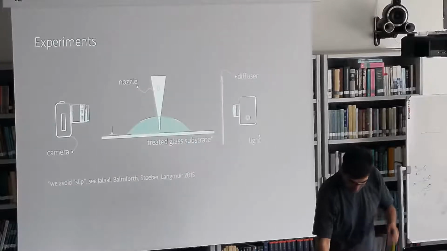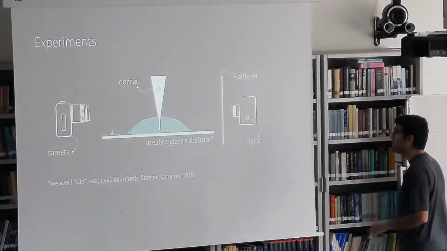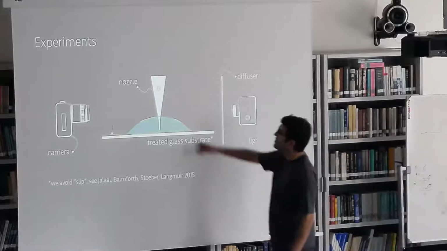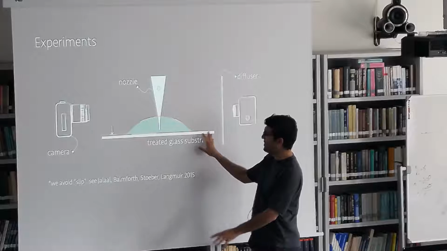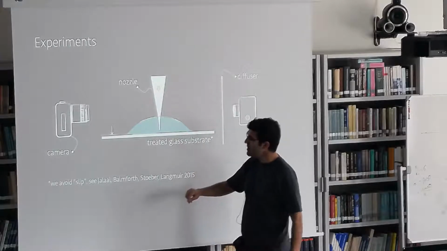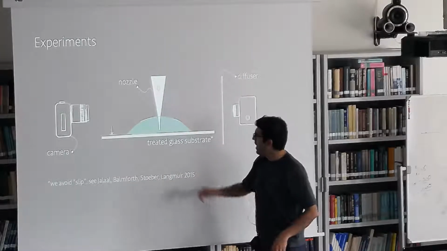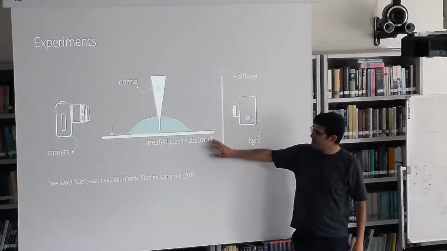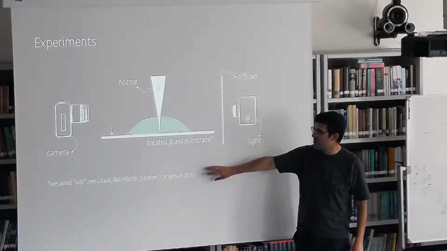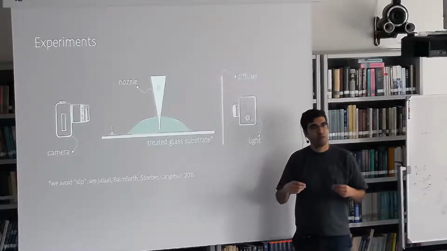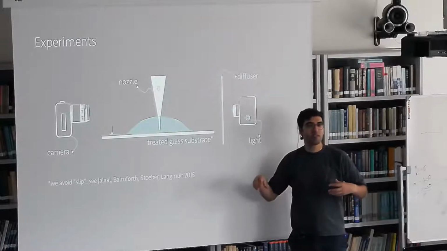All right, so time to do the experiment. It's very simple. We get a nozzle, we inject our viscoplastic fluids out of it, we pre-wet the surface, and we look at it with a camera. But there's a tiny technicality that also took us a long time to solve. These materials, when you go to the lab, kind of slip on the surface.